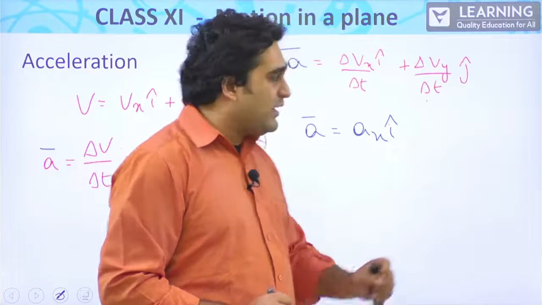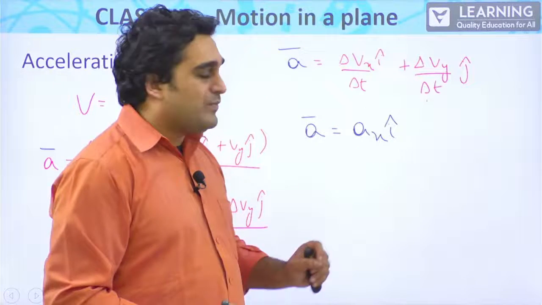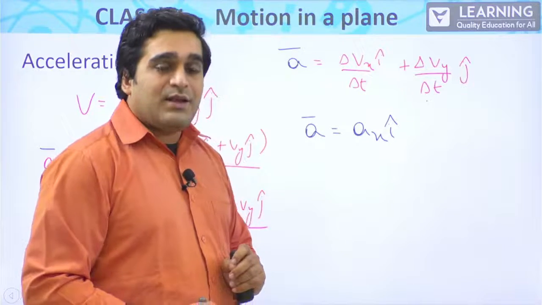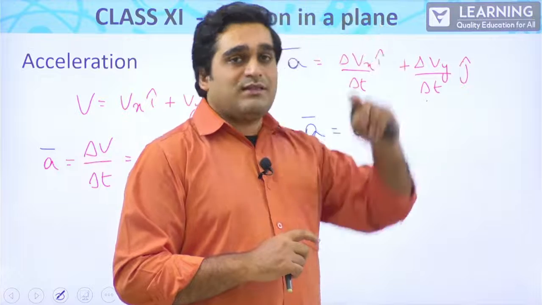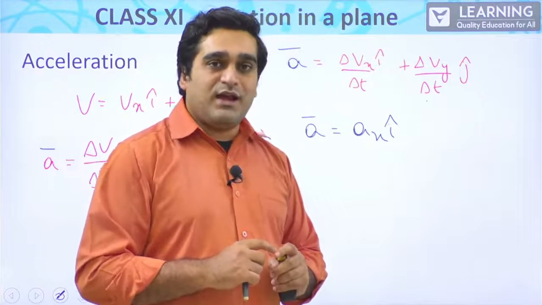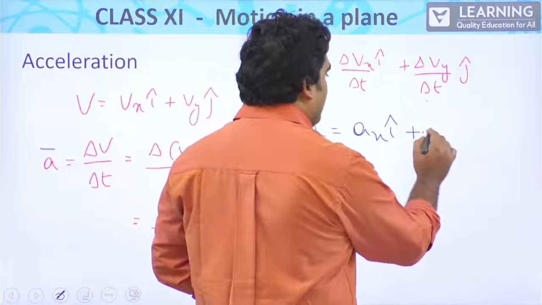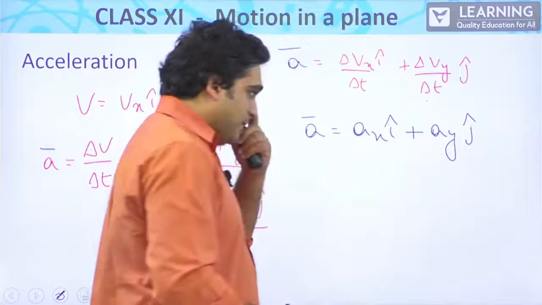How do you know it's the y-axis? Notice here, we have put the y component for velocity. So if there's a rate of change in velocity along the y-axis, then the acceleration will also be along the y-axis. Therefore, ay j cap.